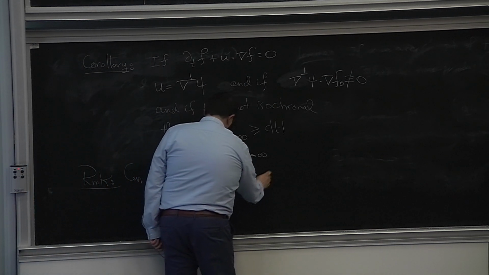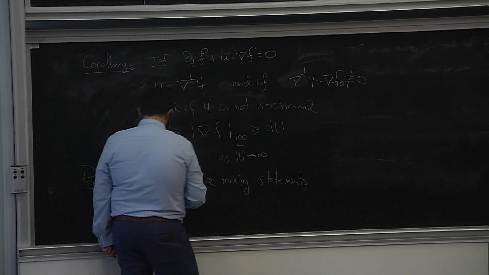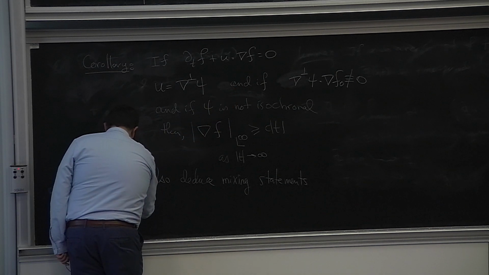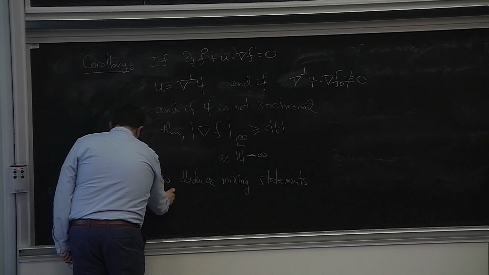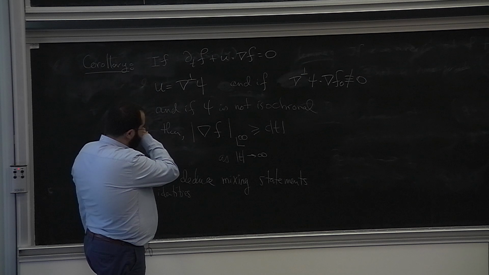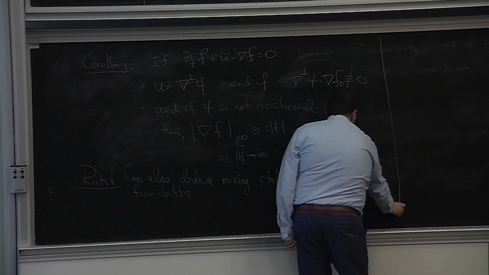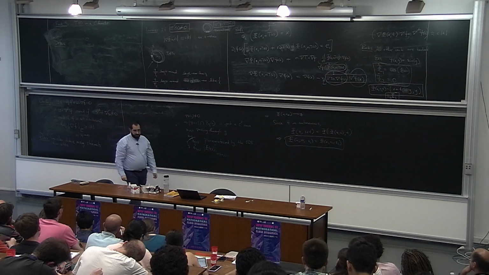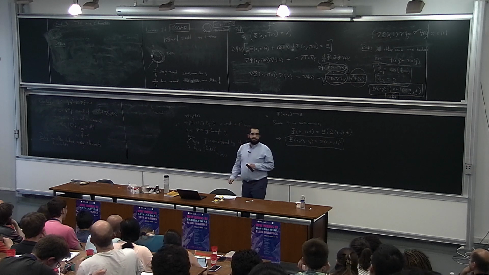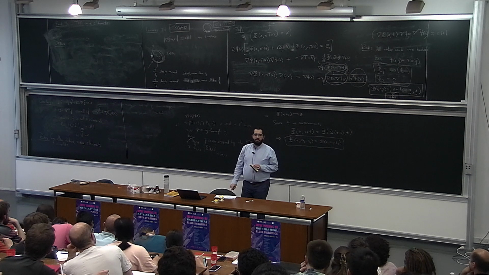So mixing statements, using those identities. Okay, so that's all we want to know about the autonomous transport equation. Any questions?